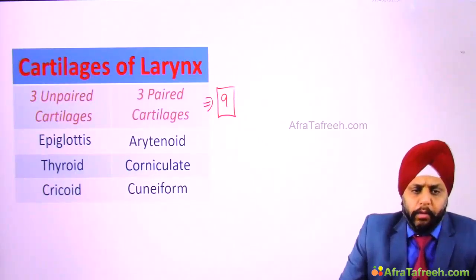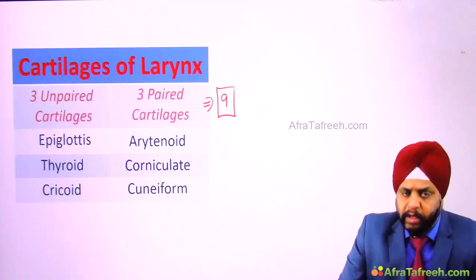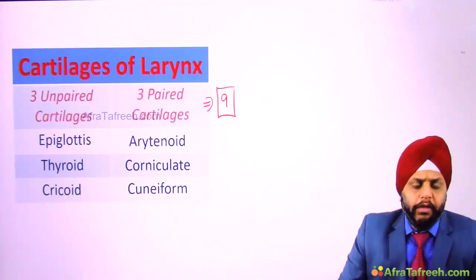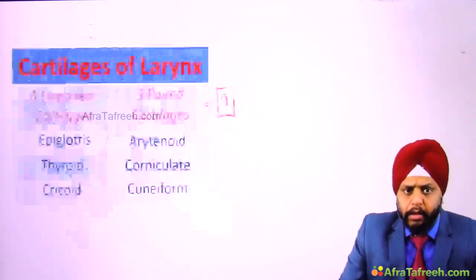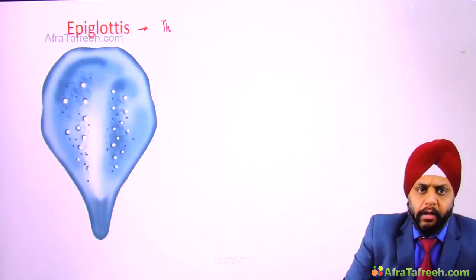So what we will do is we'll study each of these cartilages separately. As I said, I will first disintegrate the larynx, we'll study each of these components separately and then we'll combine them together. Okay, so let's first start with the epiglottis. As you can see over here, this is the epiglottis. It is a thin leaf-like cartilage.